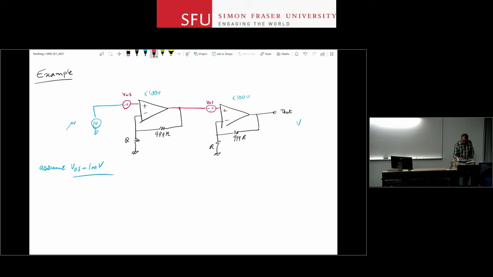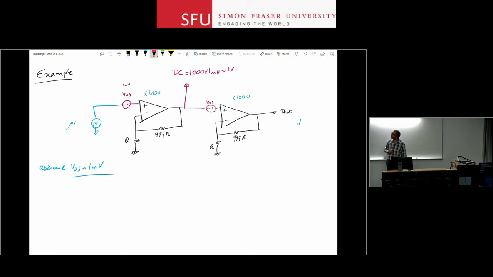So with an offset voltage of 1 millivolt, even if your source is not producing anything, you get a DC voltage, so even without a signal, you have somewhere on the order of 1 volt.